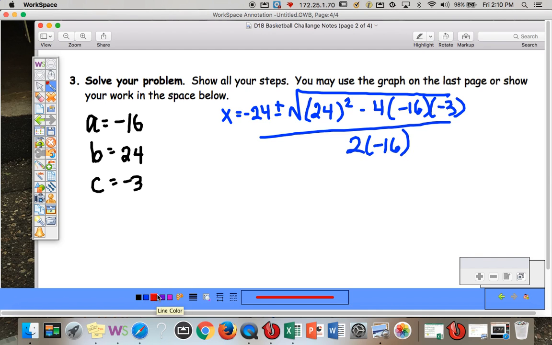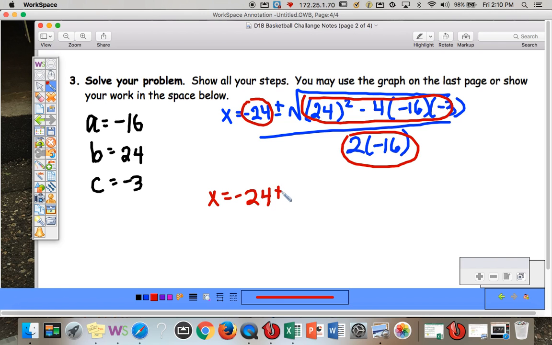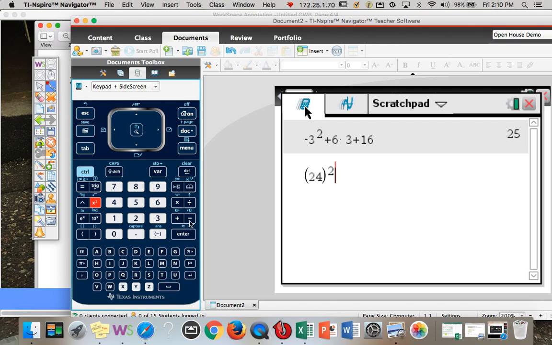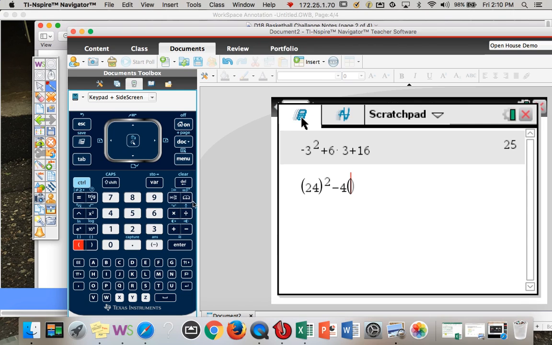I want you to calculate these 3 numbers right here. The first number, the discriminant, is the number underneath, and we get x equals negative 24 plus or minus the square root of, let's type this in. So we have 24 squared minus 4 times negative 16 times negative 3.